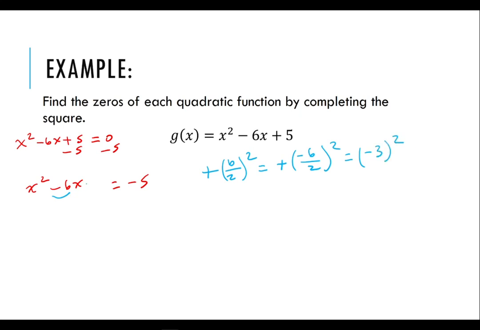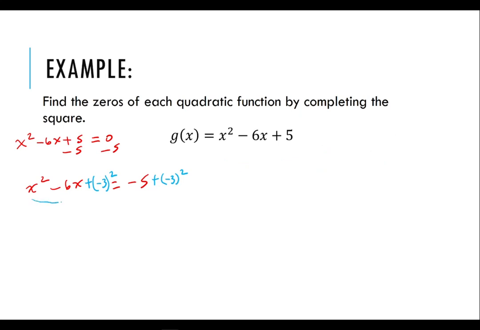So then I'm going to add that to both sides. That is plus negative 3 squared plus negative 3 squared. Alright, so now I'm going to erase my side work. Then what happens, this is now a perfect square trinomial.